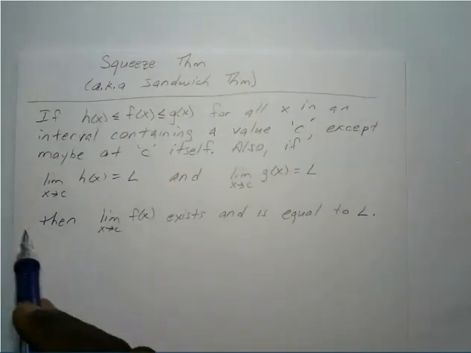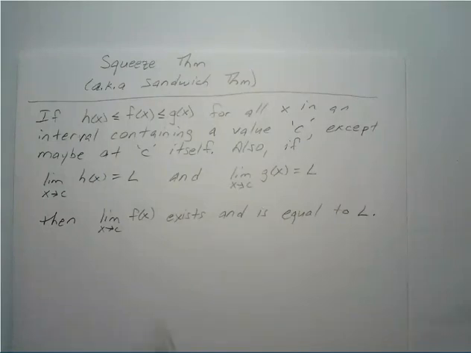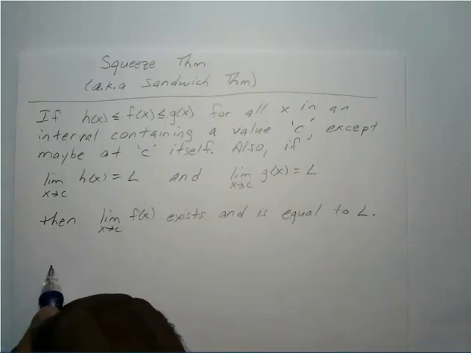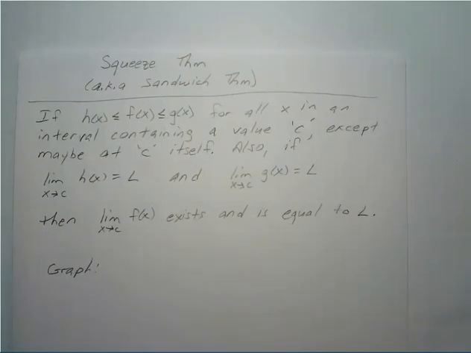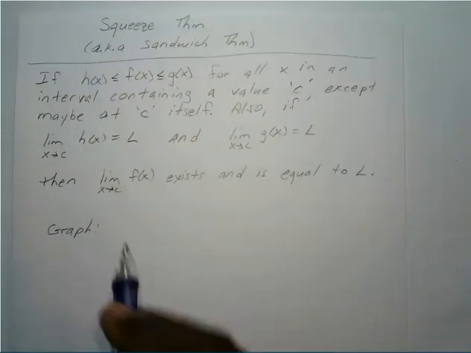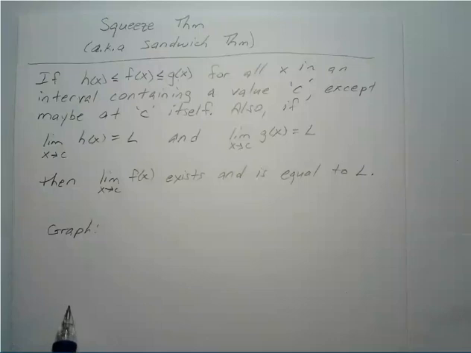That's the general explanation. Now let's look at how it would look as a graph. Let's say this is our x-axis, and this is our value c.